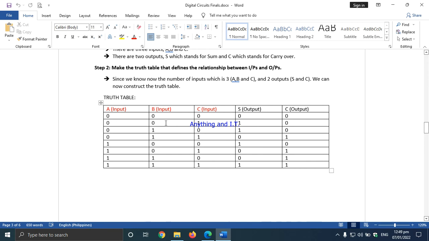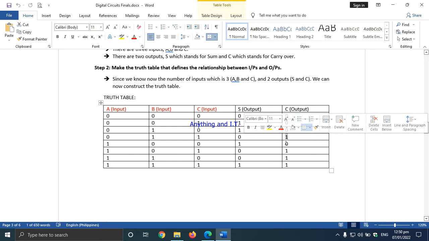0 plus 0 plus 1 is equivalent to 1. Still no carryover. We have 0 plus 1 plus 0 is 1. Still, no carryover. Then, 0 plus 1 plus 1. So, 1 plus 1 is 0, carry 1. So, in our carryover, we put a 1. Another, 1 plus 0 is equivalent to 1.